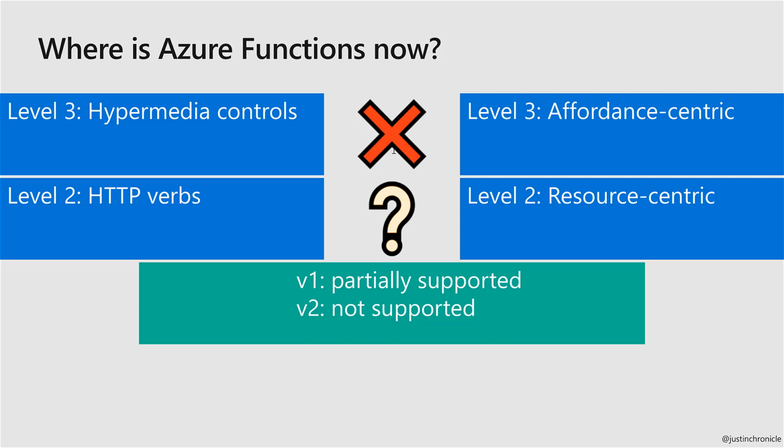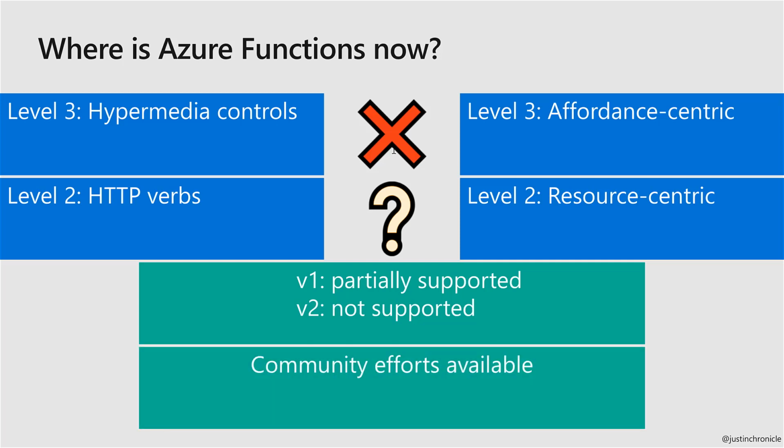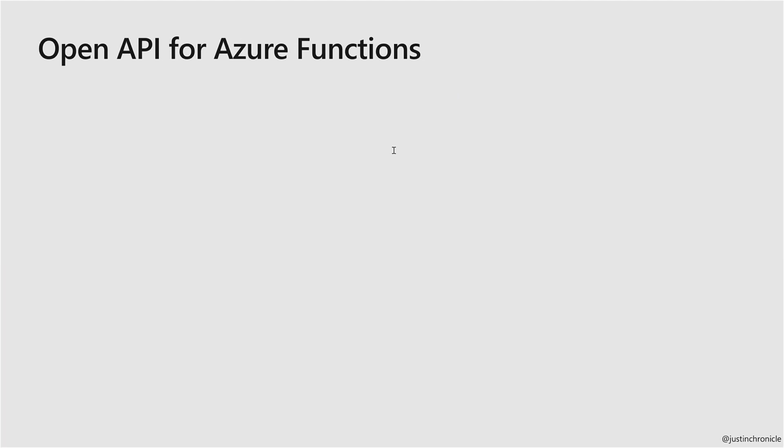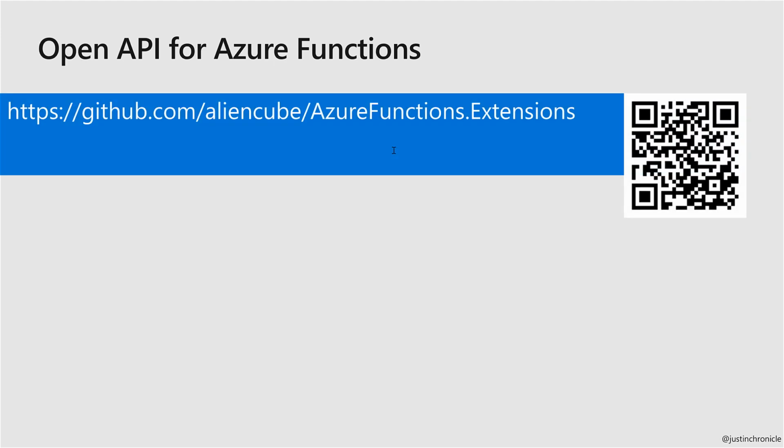But the good thing is that third-party libraries are available, so we can use them to achieve discoverability. There is an open-source library called Azure Functions Extensions. If you like, use the QR code to visit there.